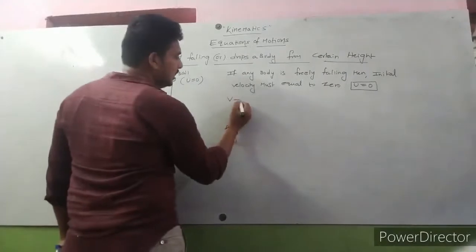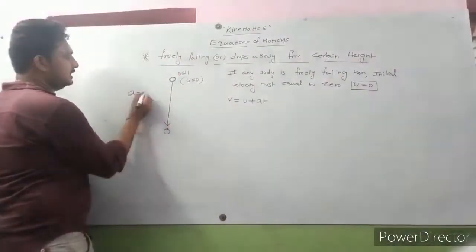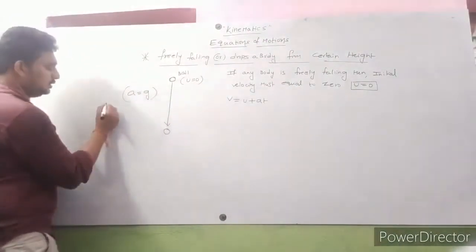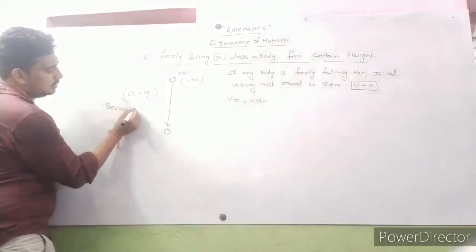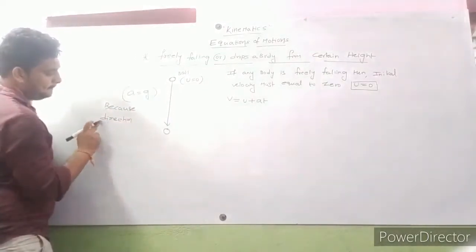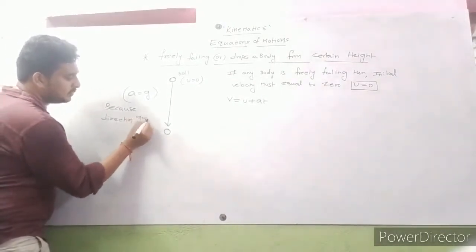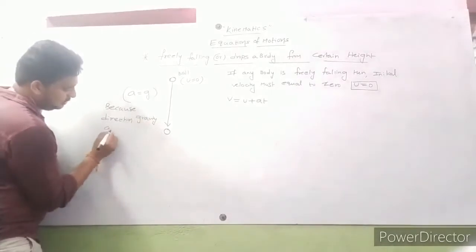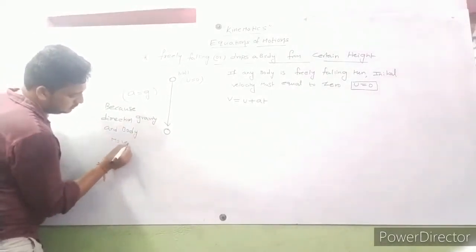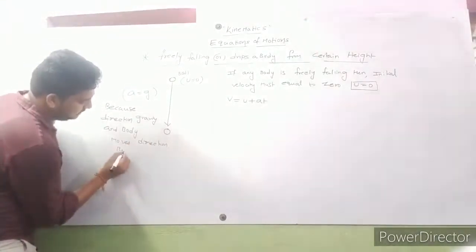So that means here v is equal to u plus at, and one more thing, acceleration is equal to plus g, because the direction of gravity and the direction of body movement are both the same.